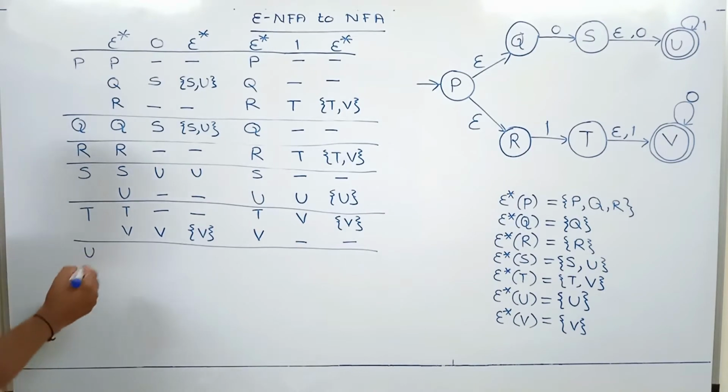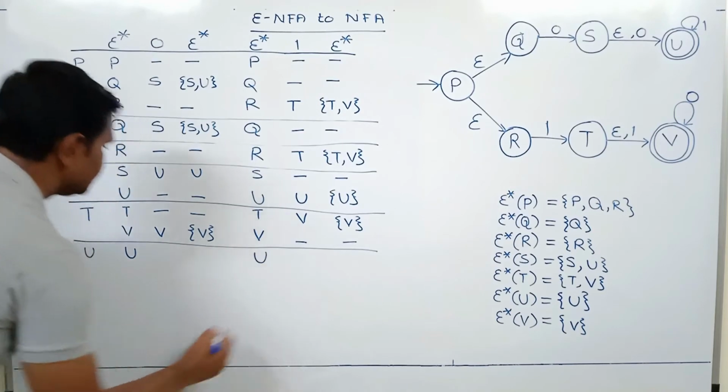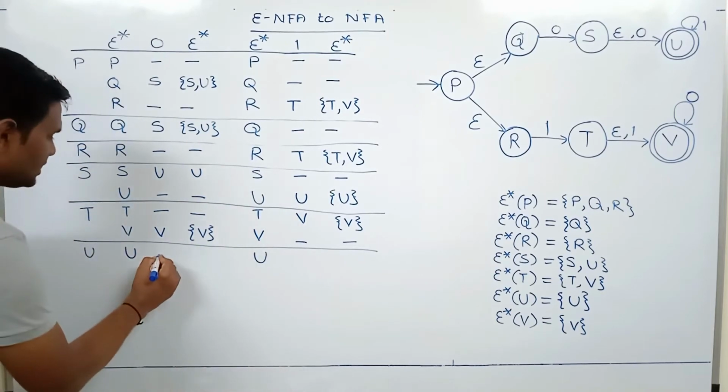Now U, epsilon closure of U, it contains only U. We write it at both places. U on 0, no transition.